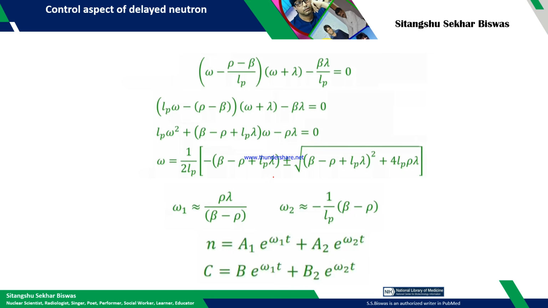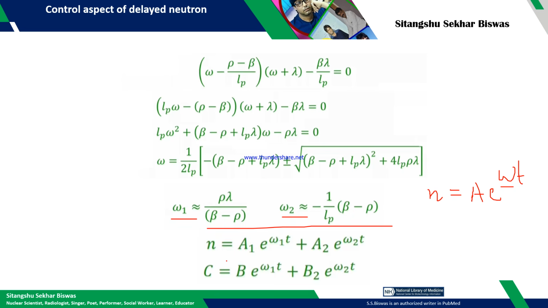we will try to approximate the two roots, which are omega 1 and omega 2, and it will become like this. And now if you consider the solution as we started this exercise, n is equal to A e to the power omega t, and now we obtained that there are two solutions, omega 1 and omega 2.